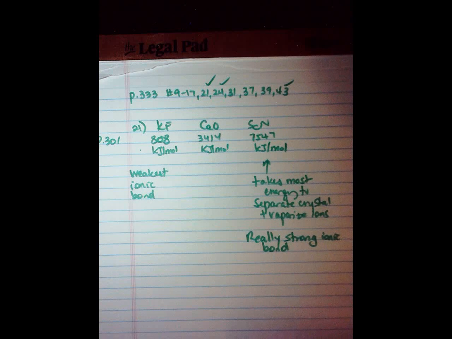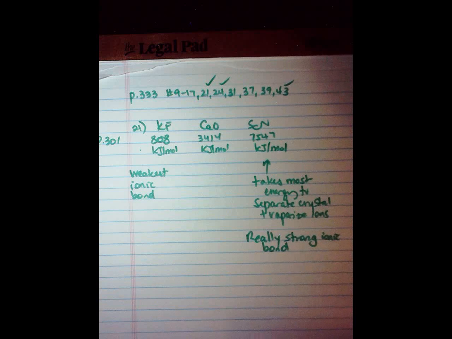What makes the difference in the strength of the interaction? What's going to give you a stronger ionic bond? Charges and radius. The bigger the charge of the ions that are coming together, or the bigger the charge difference, you would expect a stronger ionic bond. We talked about that a little bit in class.